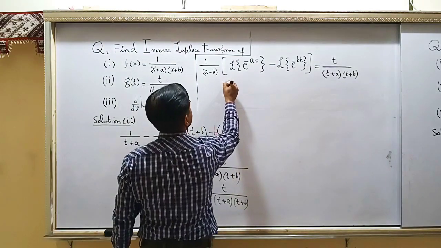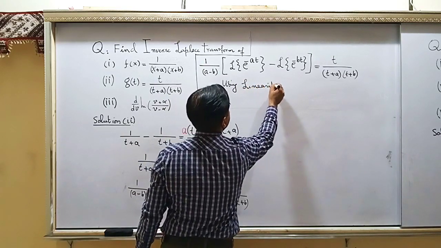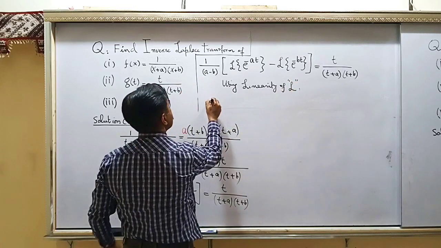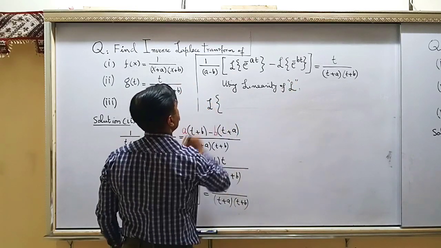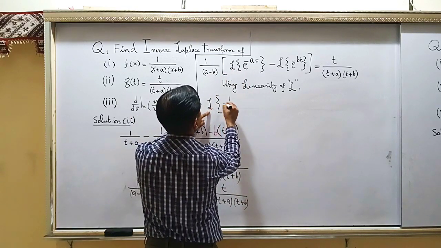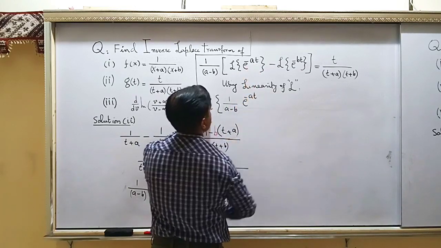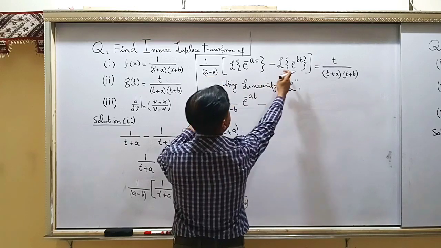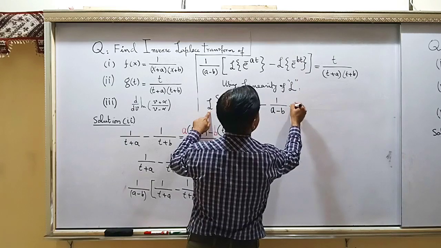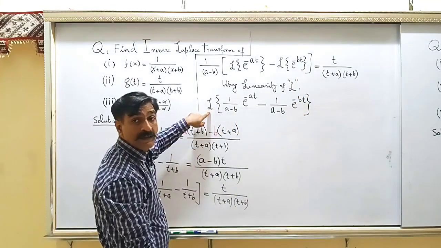So let's use linearity of L. So this is L acting on, this constant is moving to the right of L, here 1 over a minus b into this function e to the power minus at, and minus this constant again, 1 over a minus b into this e to the power minus bt, and curly bracket, right?